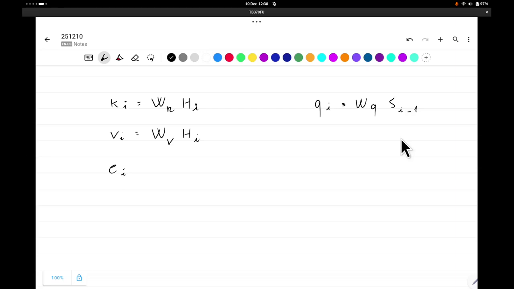Now I need a variable for, so probably I should use, we first construct some kind of combination of the K and Q. That could be any kind of linear combination.